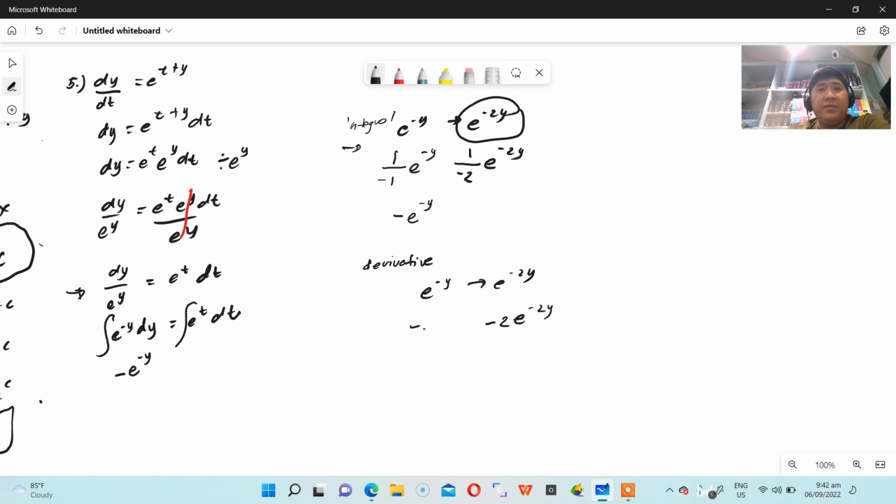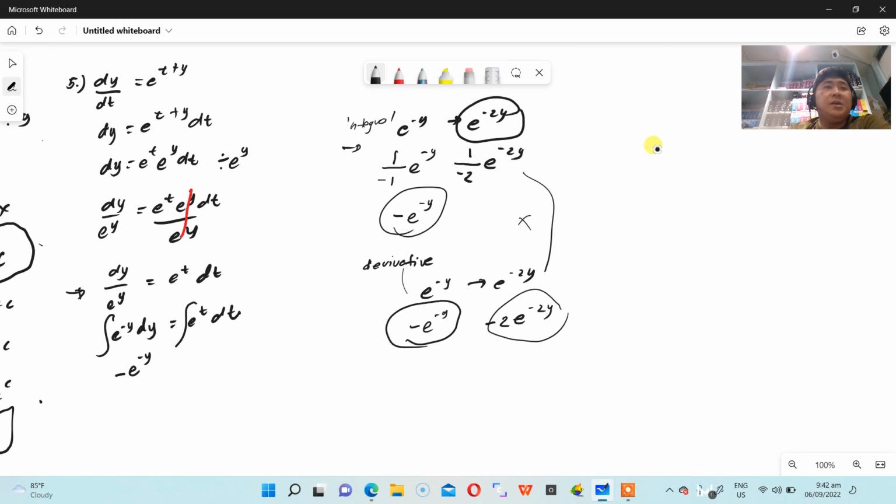So negative e raised to the power of negative y. It is the same since the constant is 1, so the derivative and the integral are the same here. But in the other case, they are not the same. Obviously, that is not the same. Hopefully, that is another quick review of your differential and integral calculus.